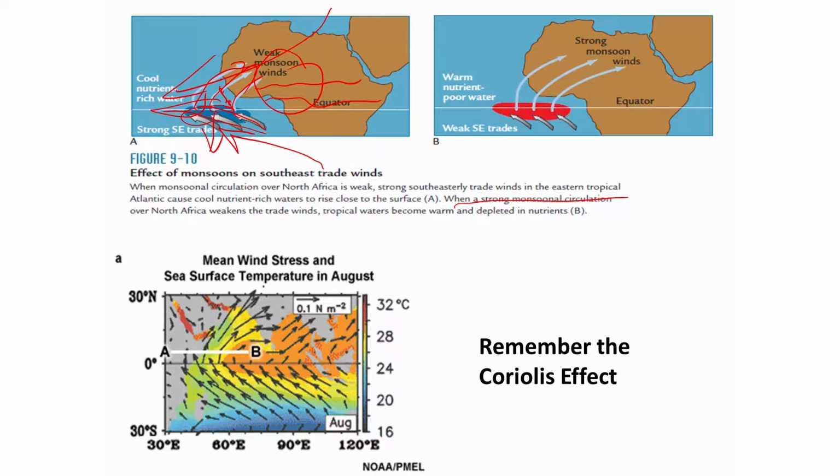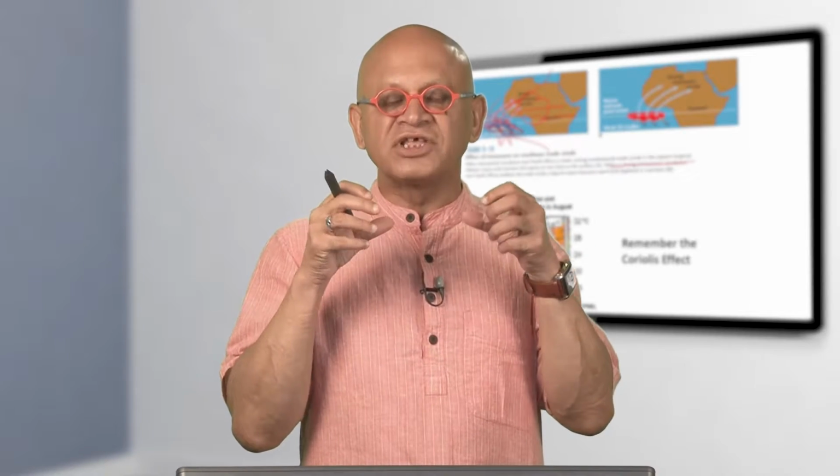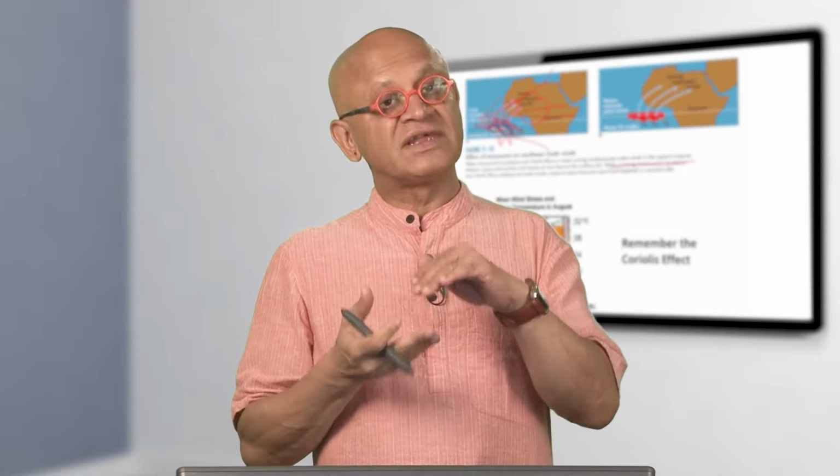So, the strong monsoon signature in that case is associated with cooler sea surface temperatures over the ocean in response to a stronger monsoon, and a biological signature, which means that biology is going to leave some signature of a change in the strength of the monsoon in the sediments.